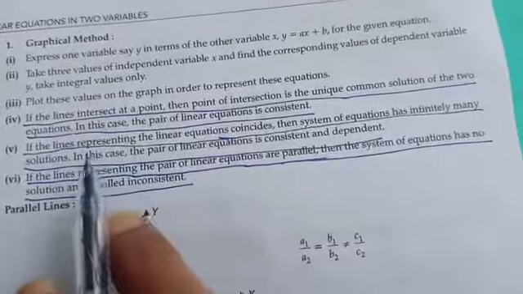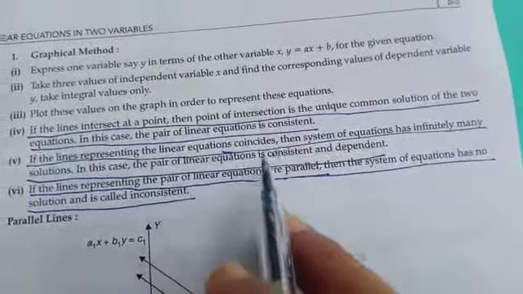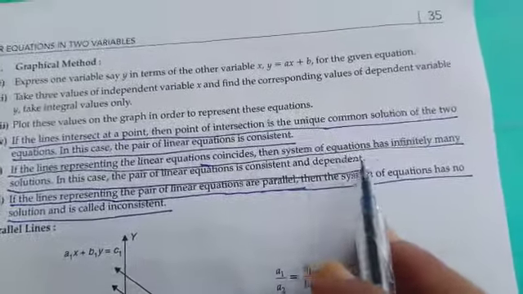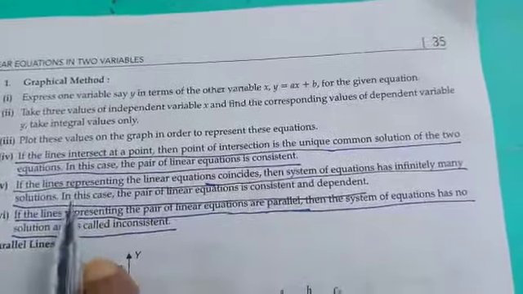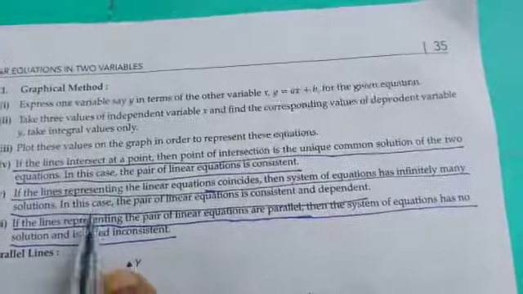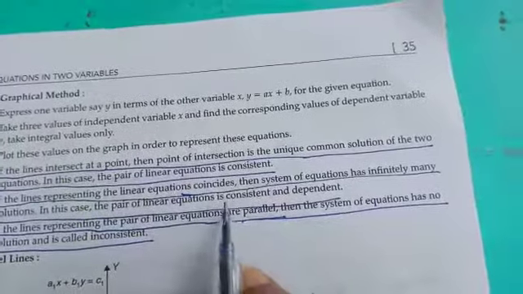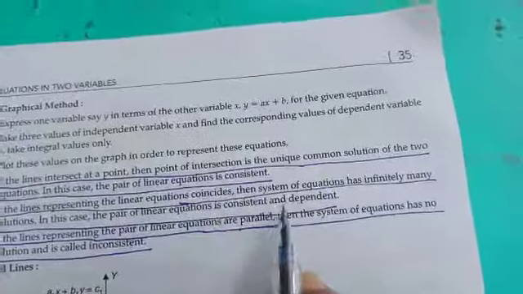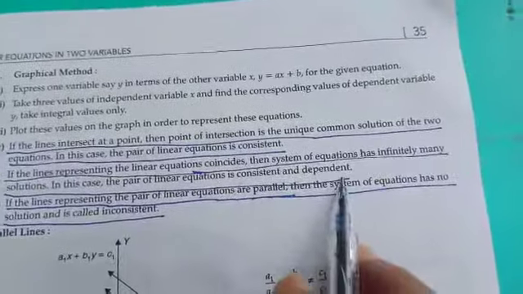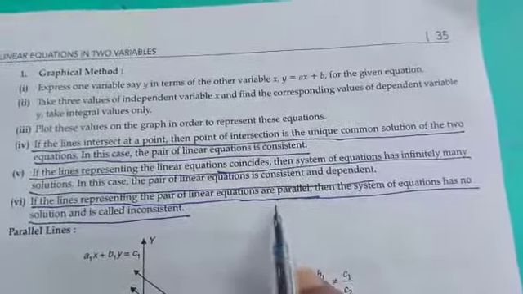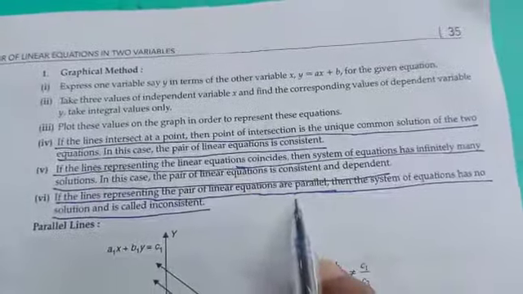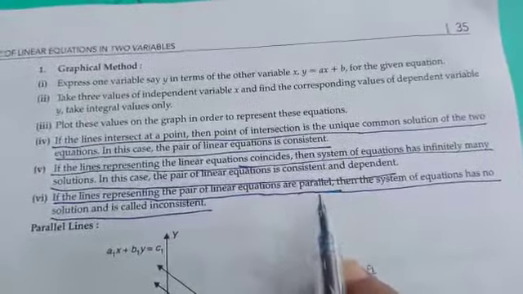If the two lines representing the linear equations coincide, then the system of equations has infinitely many solutions. In this case, the pair of linear equations is consistent and dependent. These are the three important graphical cases for solving linear equations.